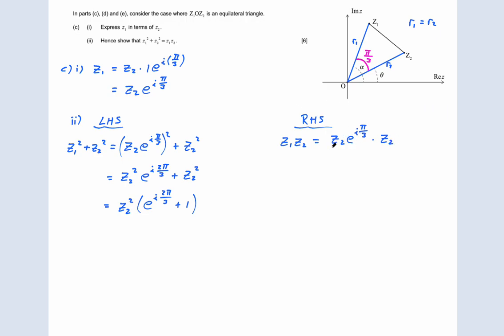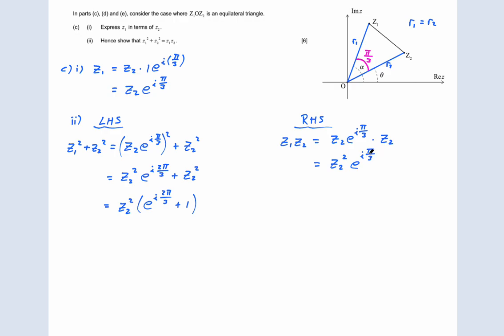Z1 times Z2 equals, again, Z2 squared, but only e to the I times pi over 3. Okay, now I'm guessing, guys, this has to equal this, and I think it does actually, but we need to show that they're equal.